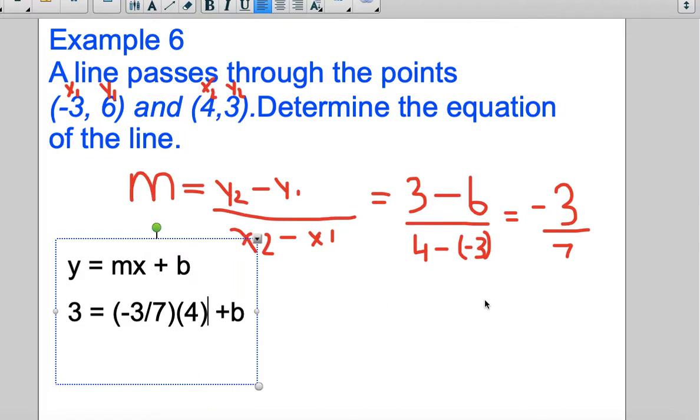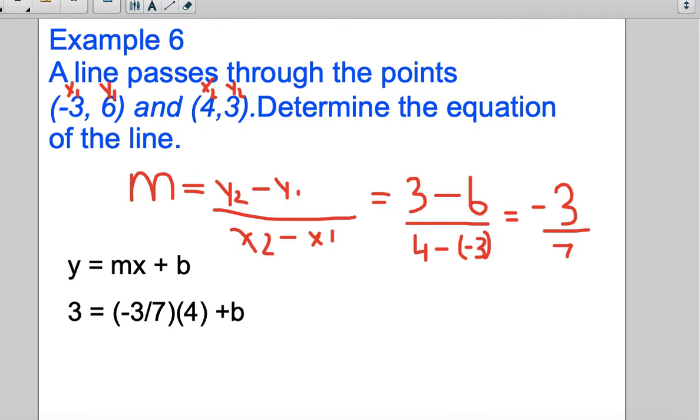So if we are solving, I'm going to write it with the marker so you can see that we're multiplying fractions. So -3/7 times 4. So we need to multiply this fraction here. So when we multiply that, we're going to get -12/7.